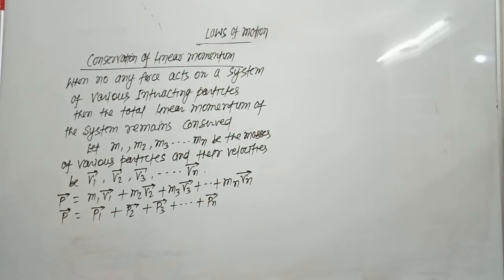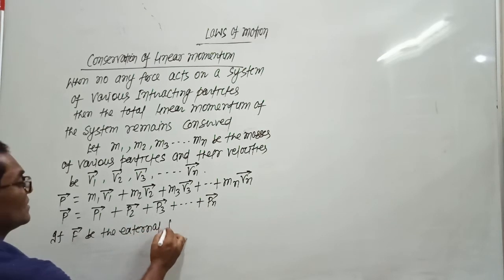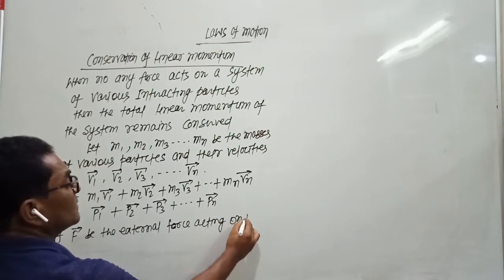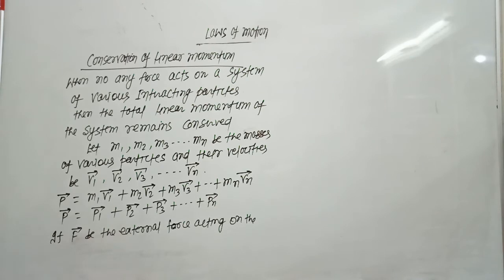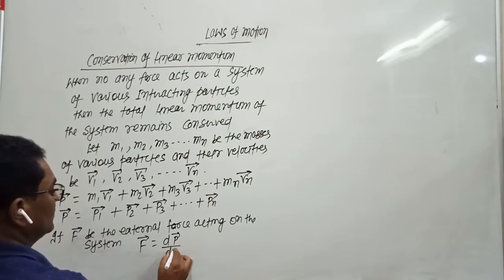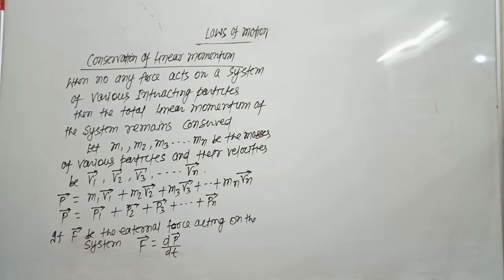And if F is the external force acting on the system, then from momentum we know that the external force F equals the rate of change of linear momentum, F equals dp by dt.